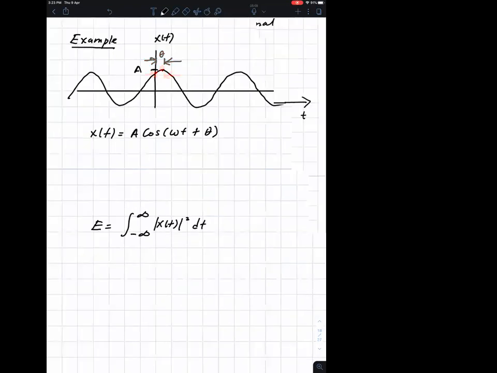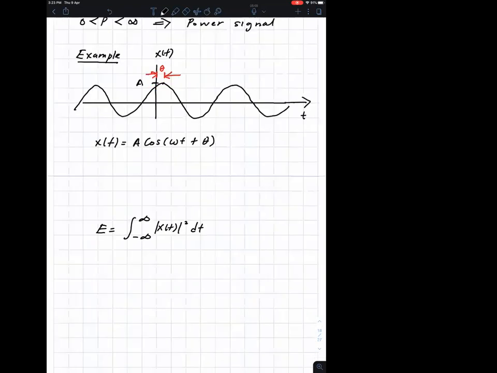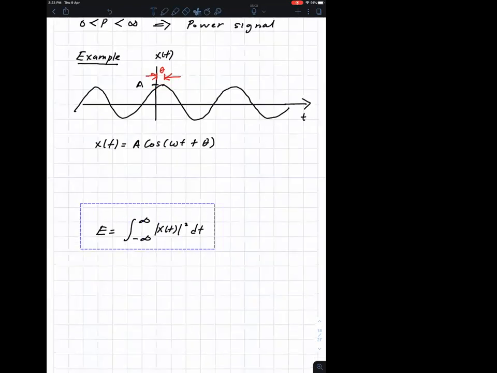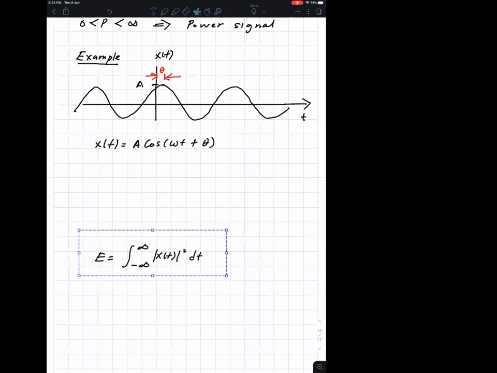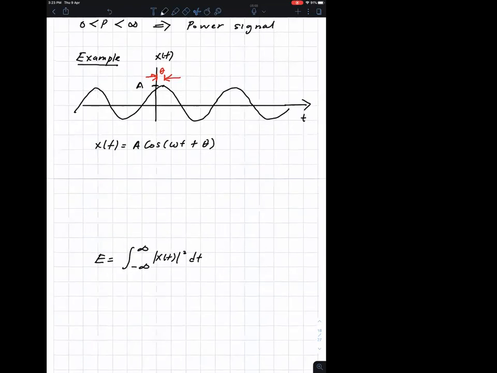The reason we square the signal is that without squaring, you won't be able to integrate it, because if you integrate a sinusoidal, the result will be zero over a period. So squaring is basically rectifying the signal.